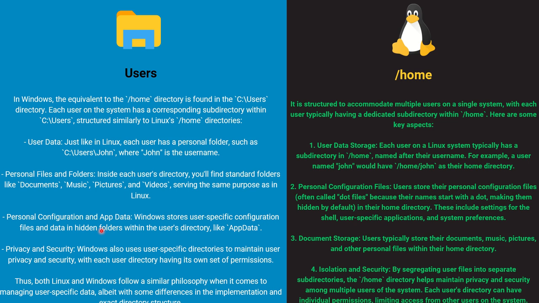So Windows and Linux share the same philosophy when it comes to managing user-specific data, but the only difference is that under /home you will not find the administrator user, the root user's directory. You would find it separated and isolated from other users, whereas in Windows you would find the administrator's directory under the Users subdirectory.